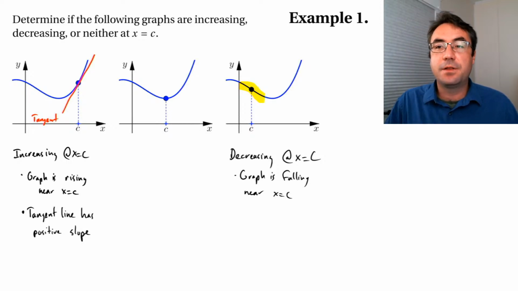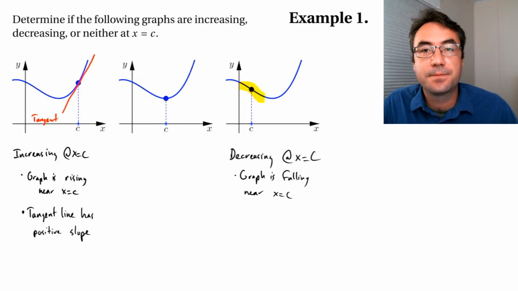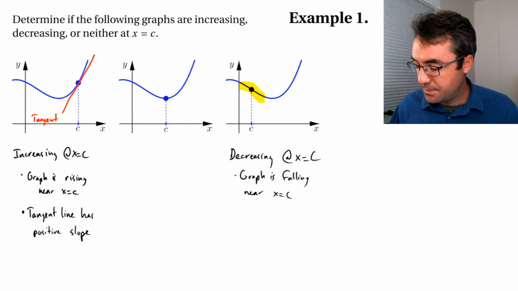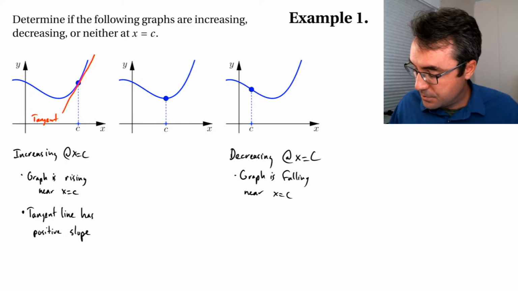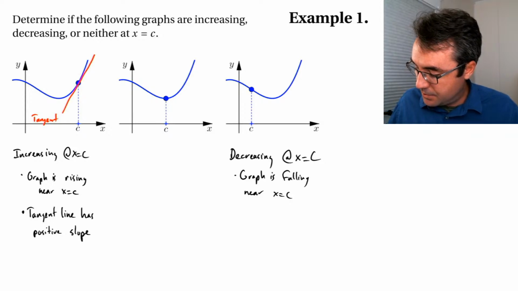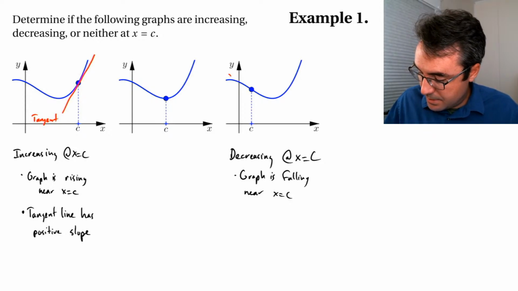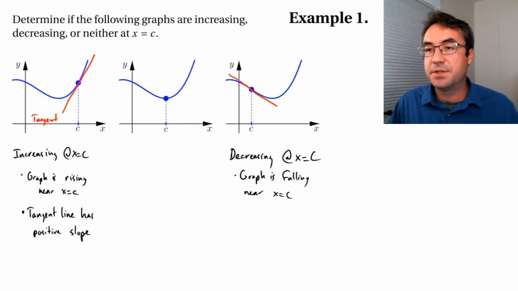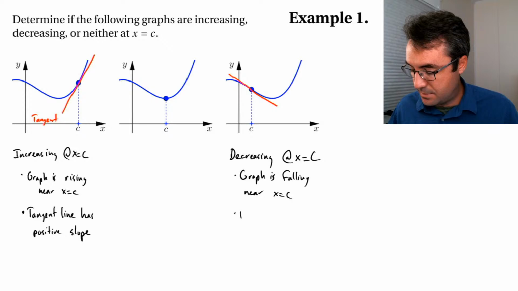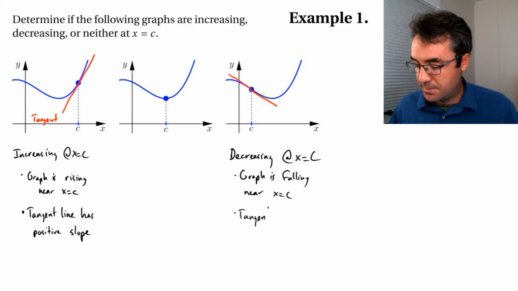So the graph is falling near x equals c. But if we were to think of it in terms of tangent lines, let's draw in what we think the tangent line looks like. And let's use red. Maybe something like that. Again, that's our tangent line. And we see that the tangent line is going down. So it has a negative slope.